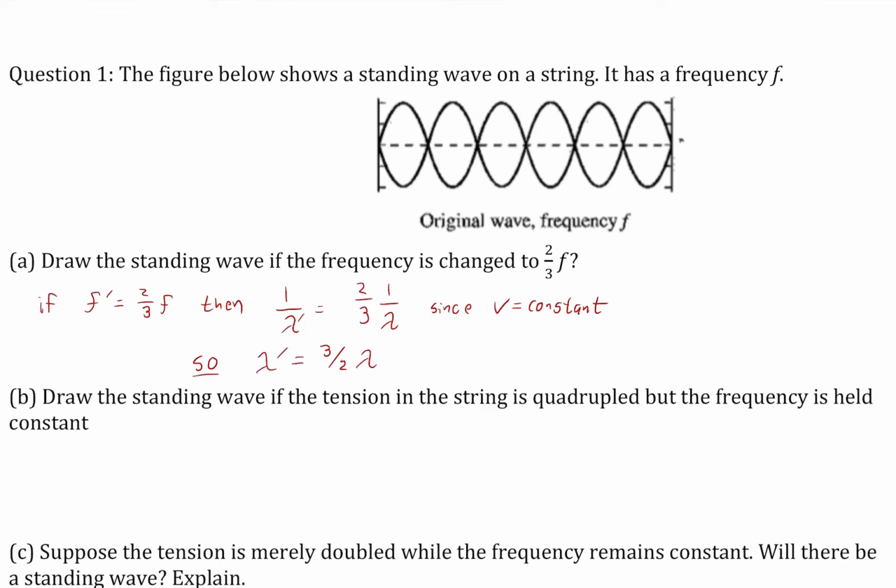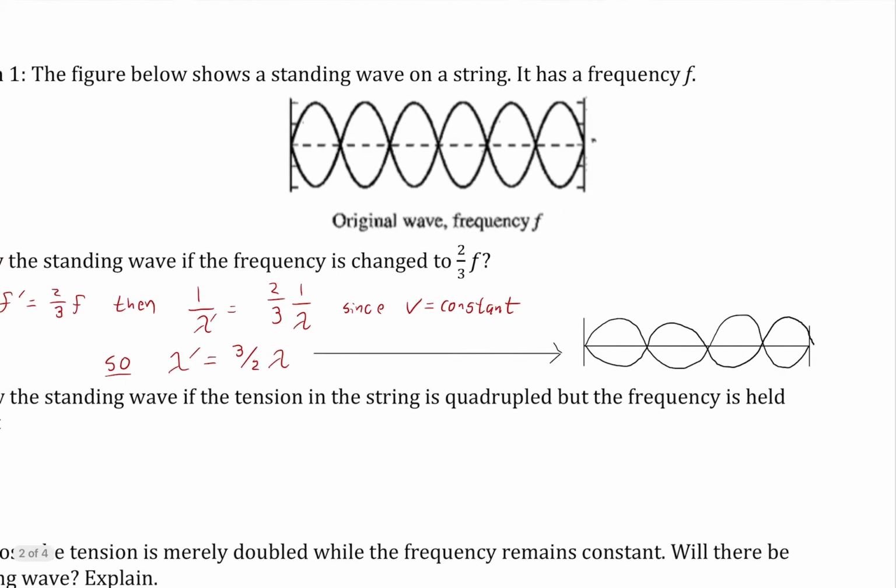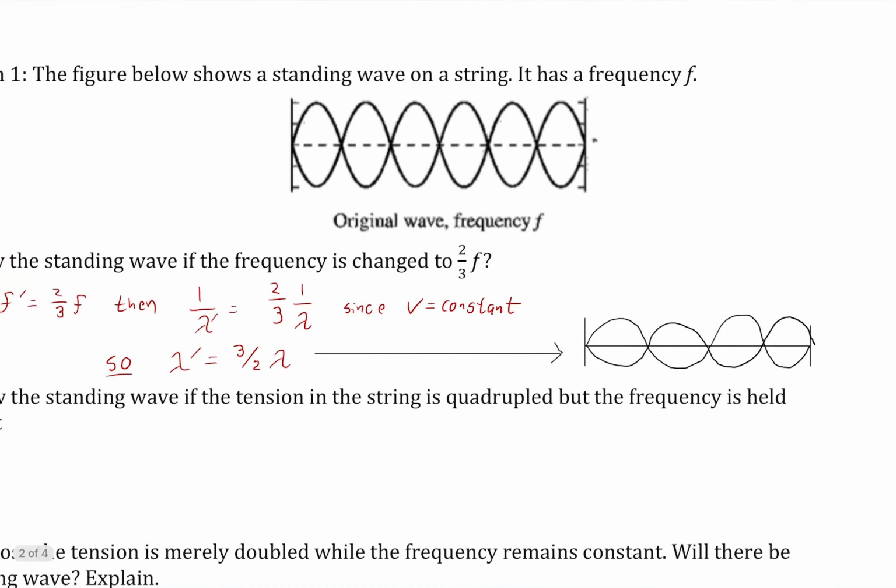Well, if the new wavelength is 3/2, then it has to be half again as long. If I have a wavelength that is half again as long, it would look like this. See it? That's a wavelength that's half again as long. How many would fit now? Just 2. 2 full wavelengths exist.